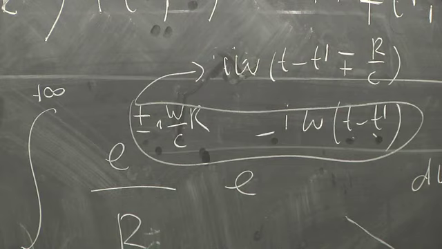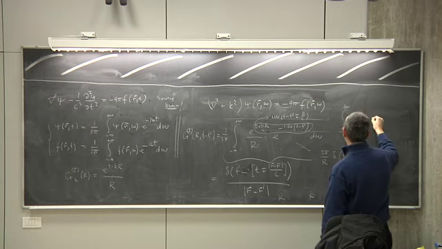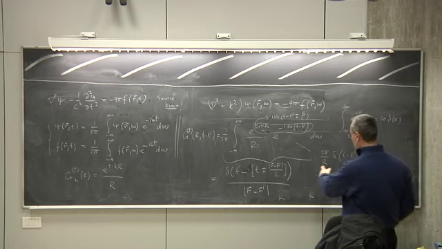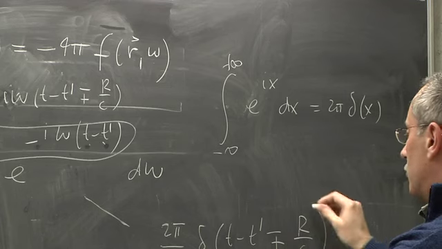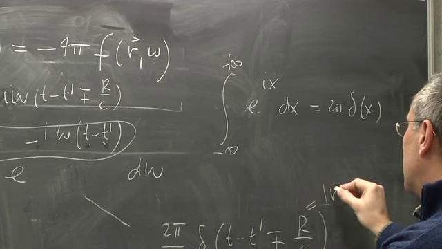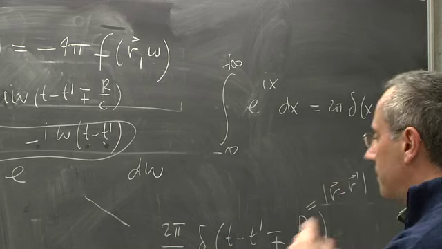So then I know that the integral from minus infinity to plus infinity of e to the i x dx is equal to 2 pi delta of x, right? And then I just plug back the definition. R, big R, was the distance between r and r prime.